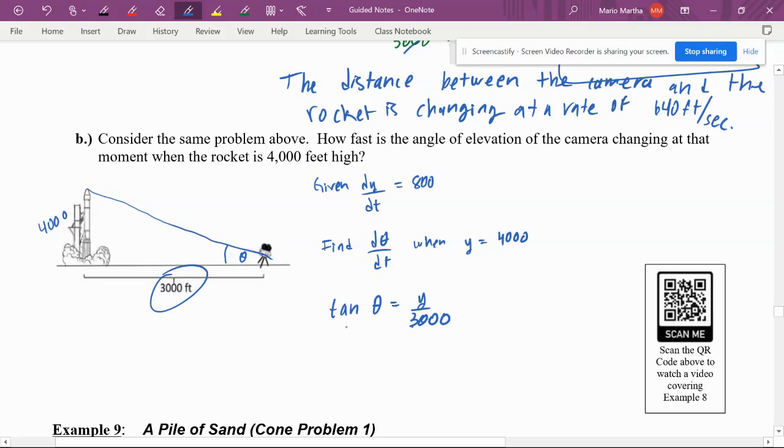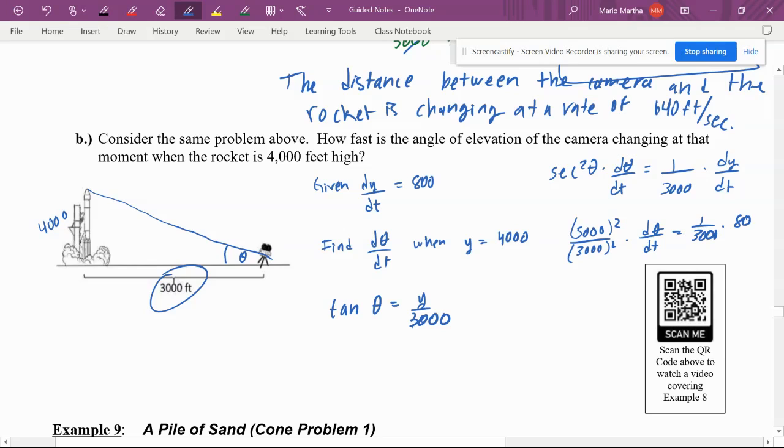So here we're going to take the derivative of tangent of theta. That's secant squared of theta times d theta/dt, and that's equal to 1 over 3,000 times dy/dt. Secant squared of theta would be just 5,000 over 3,000, each term squared, since it's just a ratio. So times d theta/dt equals 1 over 3,000 times 800.